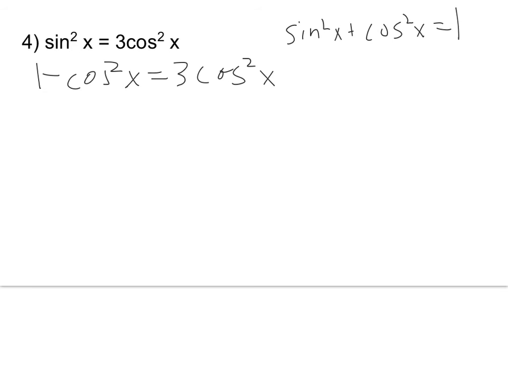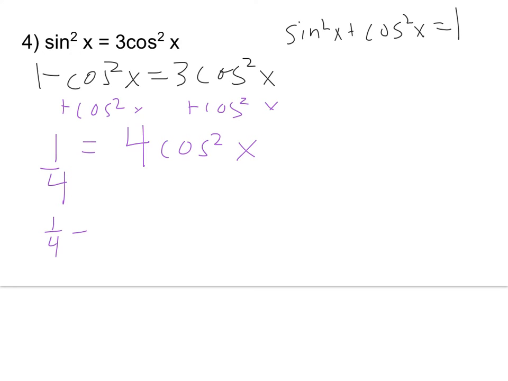So I'm going to actually first add over this cosine squared x. So I'm going to add it to this cosine squared x. So I have 1 is equal to 4 cosine squared x. Divide by 4. So I have 1/4 is equal to cosine squared x.